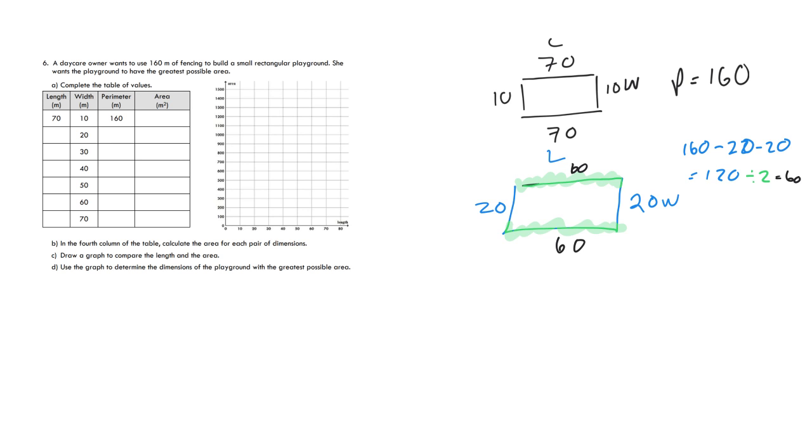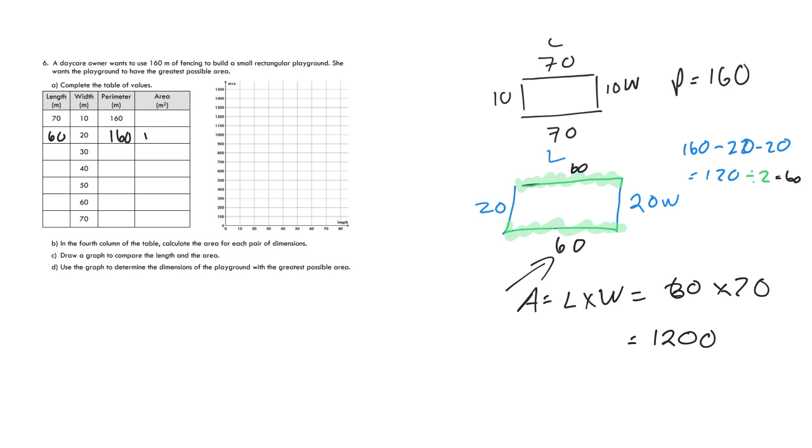So I'll fill this in as 60. And then you know that the perimeter is still 160, right? But now the area of this is equal to length times width, which is 60 times 20, and you end up with 1,200.